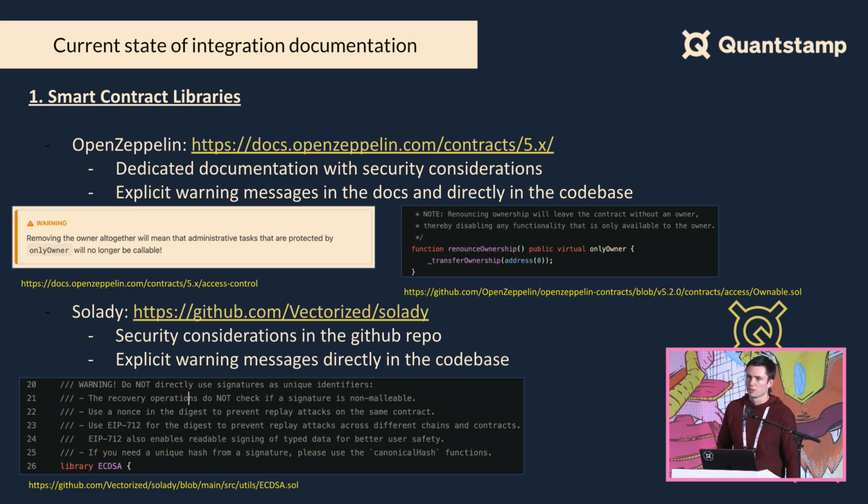We can see that for both of them, the documentation is specific to developers who are going to be using these libraries. They have warnings specific to some of the functions that developers may use, and they indicate proper usage as well as common pitfalls that people might run into. These are very developer-oriented, but no user of DeFi protocols is going to be reading these.